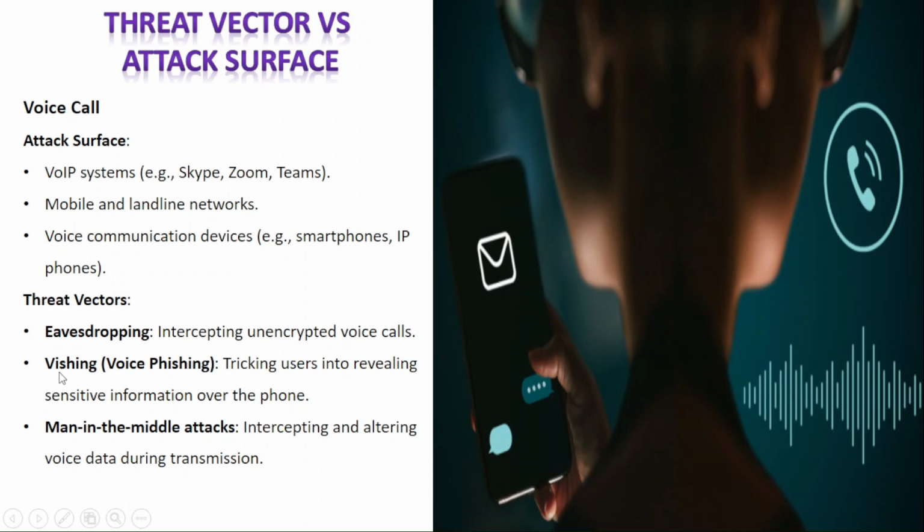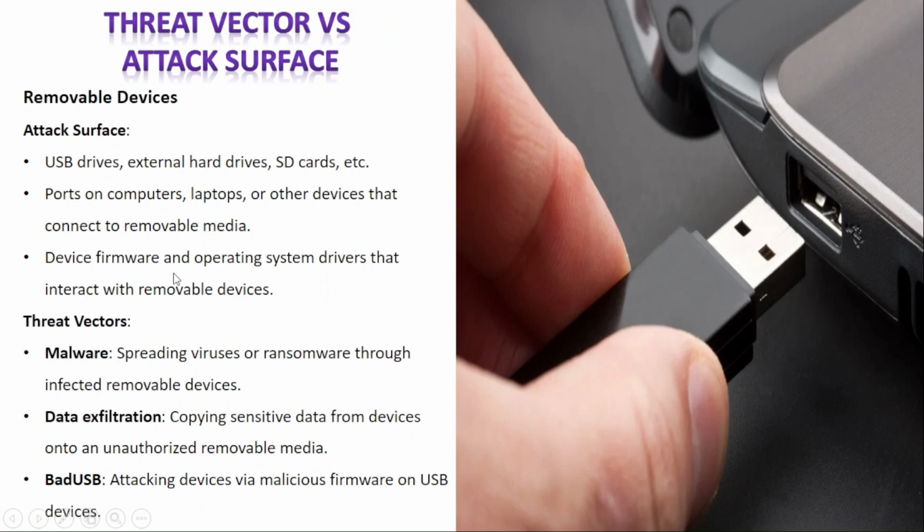Now we have vishing, that is voice phishing, tricking users into revealing sensitive information over the phone. And then man in the middle attack, as with eavesdropping, is intercepting and altering voice data during transmission. The attacker can only intercept and listen to the conversation, or can also alter the voice data and then transmit it.